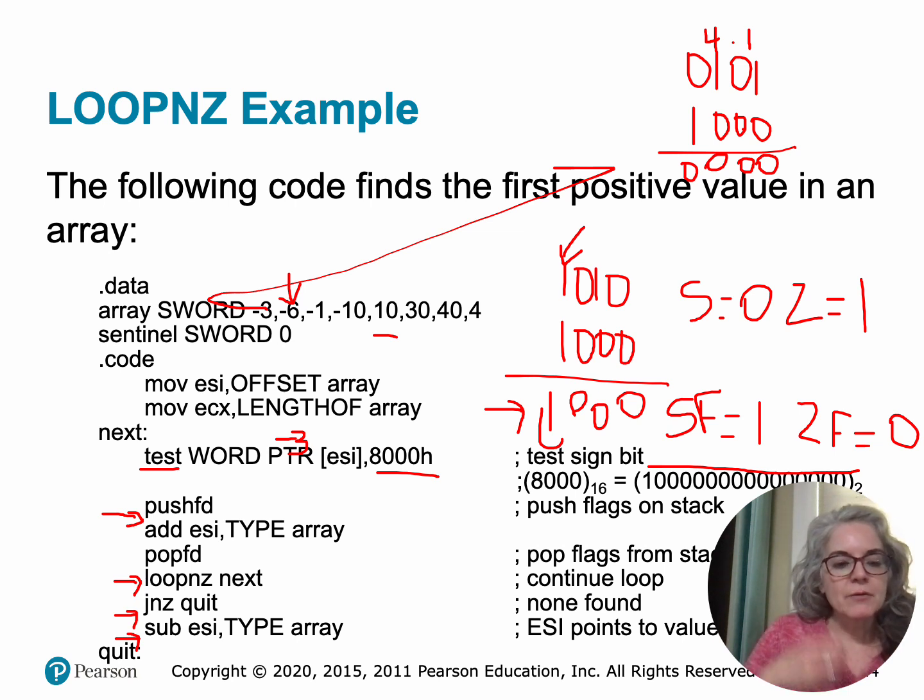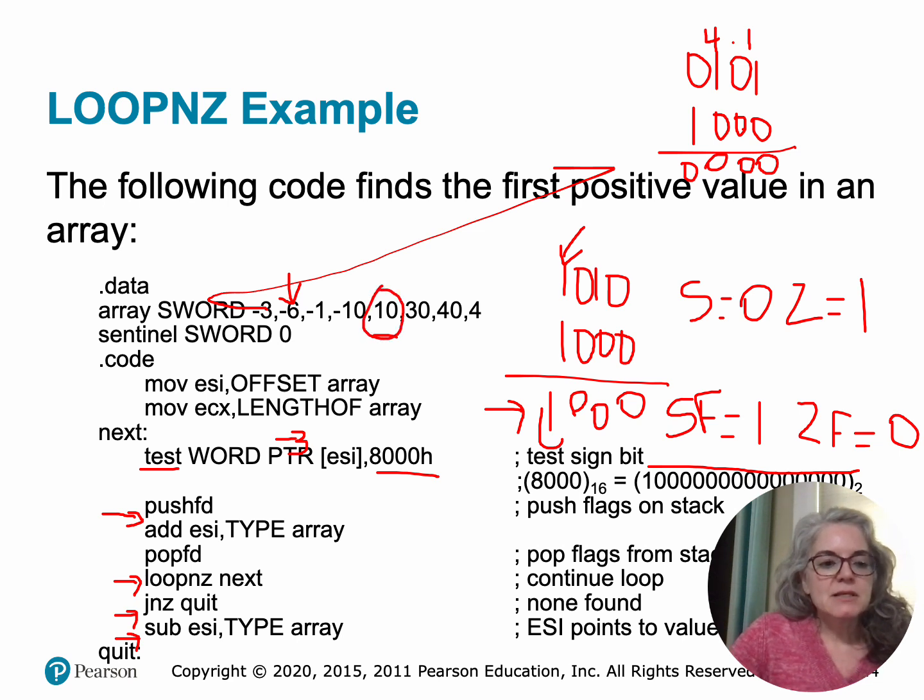What we do now is we're going to set ESI to point to this 10 right here. The reason is that at the end of this loop, ESI is pointing to the 30. And I just want to go back and point to the first number that was a positive number. So this instruction, all it does is it takes me back to the 10.